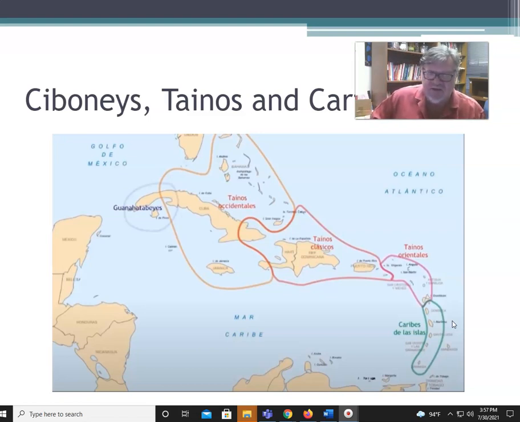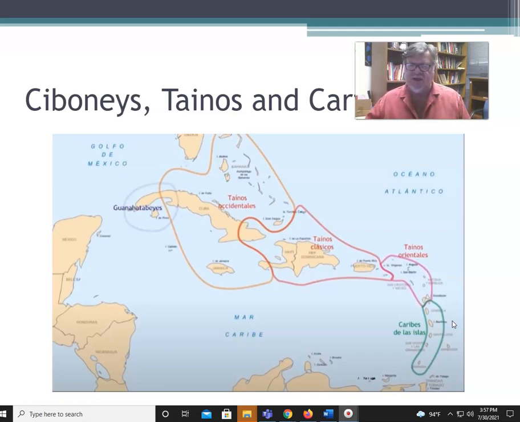Tainos played this with rubber balls that were imported from the Yucatan Peninsula, but the Caribs did not play that game. There's no archaeological evidence that they ever indulged in that game. They indulged in warfare, and they were quite good at it, and had developed it to, I guess, a cruel art form.